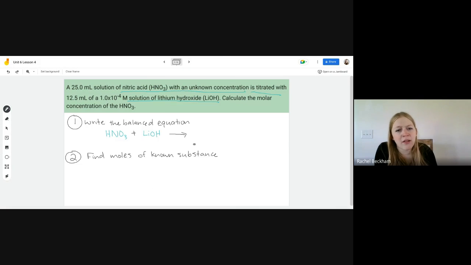Our product is going to be LiNO3. The Li goes with the NO3, like the positive part here goes with the negative part here. And what's left over is H2O, because it's this part with this part, and that makes H2O.